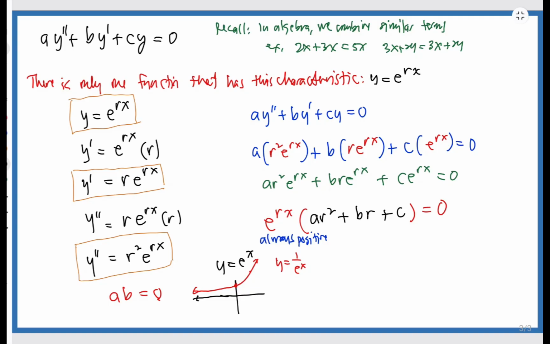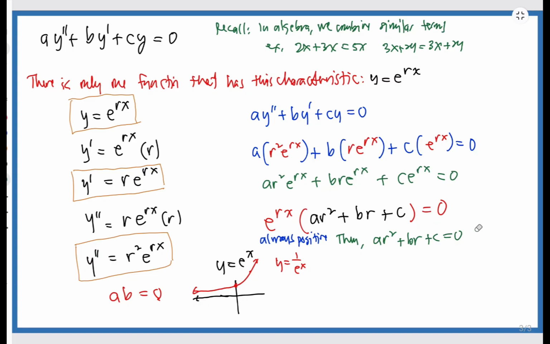So then, a r squared plus b r plus c is equal to 0. If you look at this, our variable is r, because a, b, and c are just constants. r is something that we do not know.